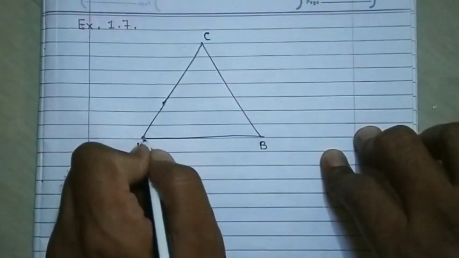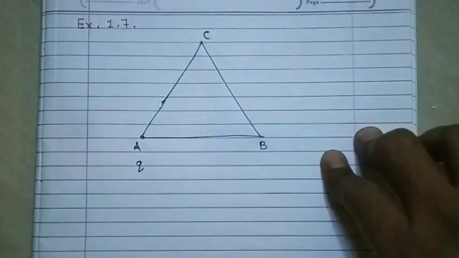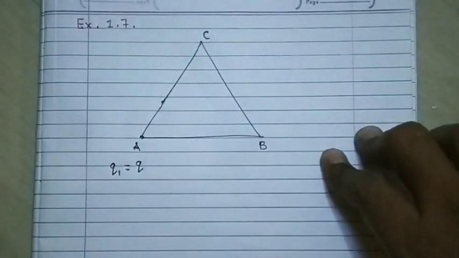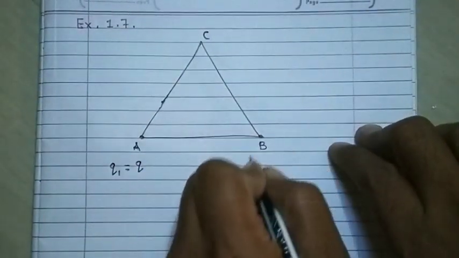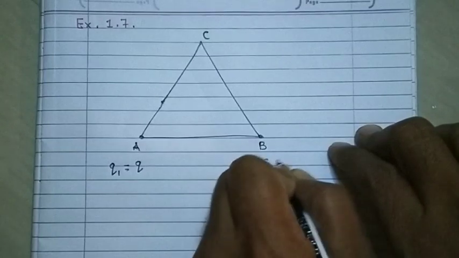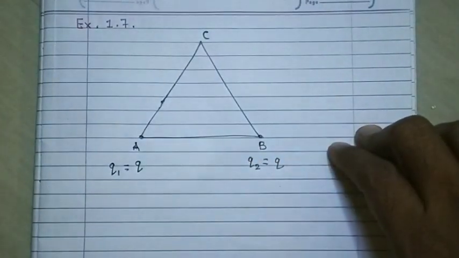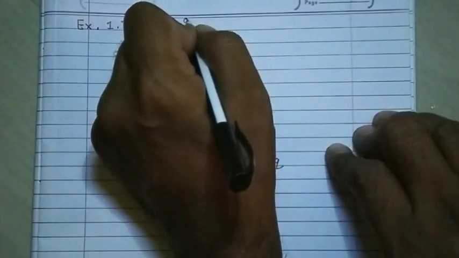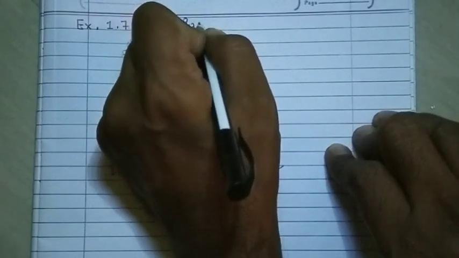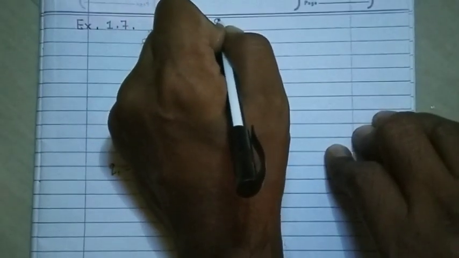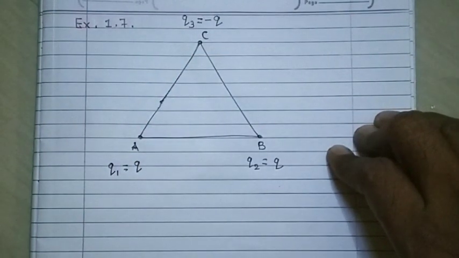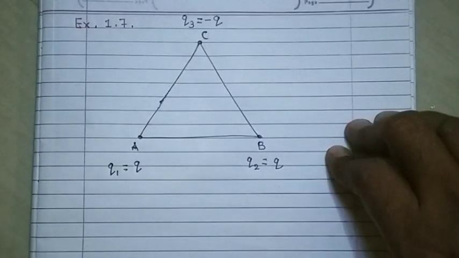The first charge Q1 is equal to Q, placed here. The second charge Q2, its magnitude is Q, is placed at the vertex B, and the third charge is placed at the vertex C. Let us call this charge Q3, and it is given as minus Q. So this is the given condition. Three charges are placed in this way.